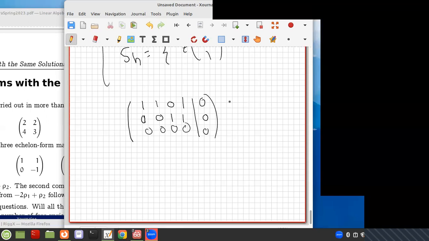Okay, so it is. Yes, it is in reduced row echelon form, because this is a leading variable, so it has zeros underneath it. This is not leading, so it doesn't matter whether there's a zero in here. This is leading, so it has to have zero here and here.